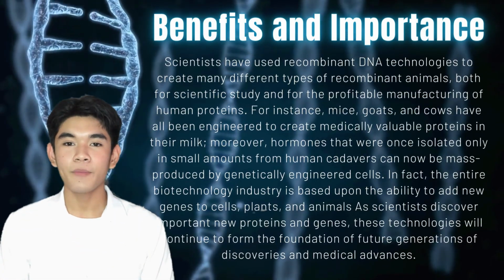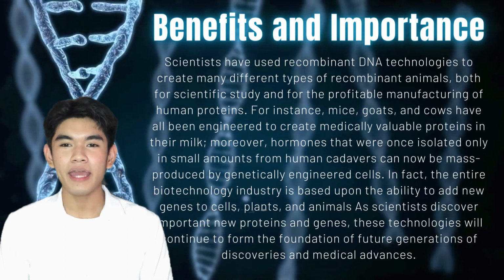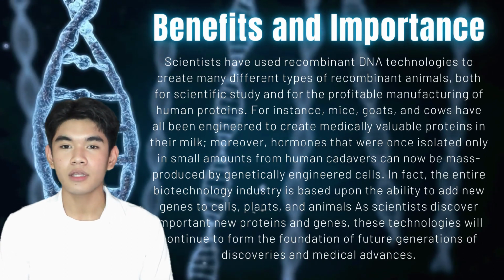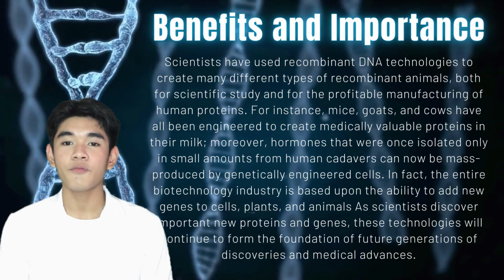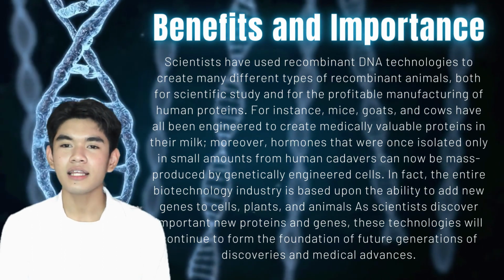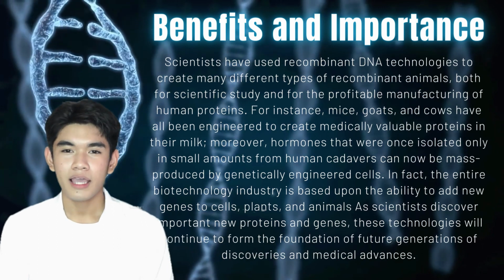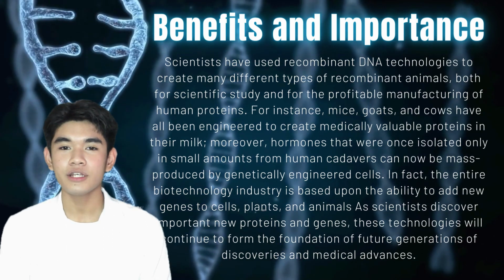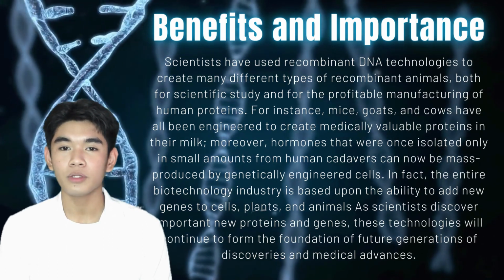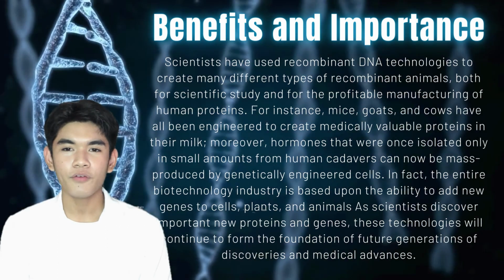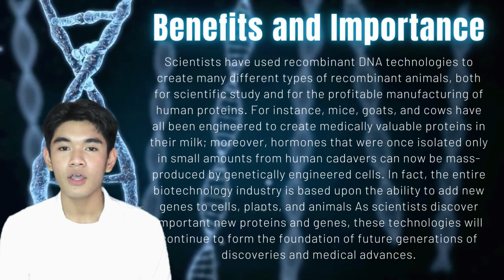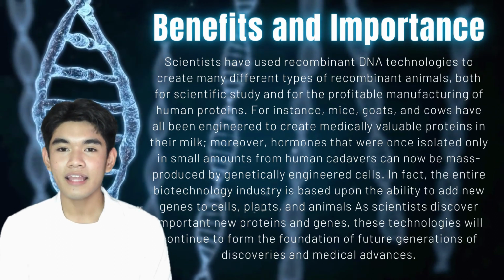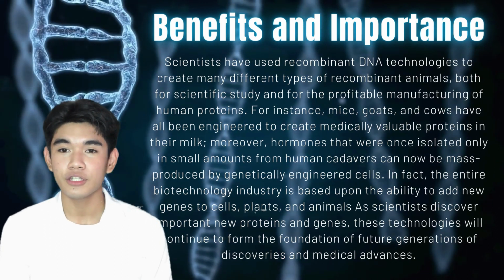Scientists have used recombinant DNA technologies to create many different types of recombinant animals, both for scientific study and for the profitable manufacturing of human proteins. For instance, mice, goats, and cows have all been engineered to create medically valuable proteins in their milk. Moreover, hormones that were once isolated only in small amounts from human cadavers can now be mass-produced by genetically engineered cells.